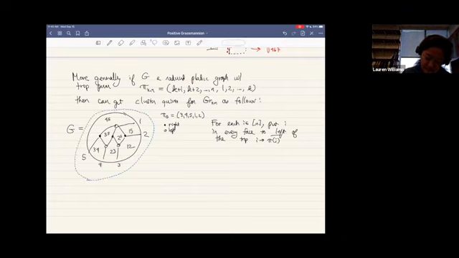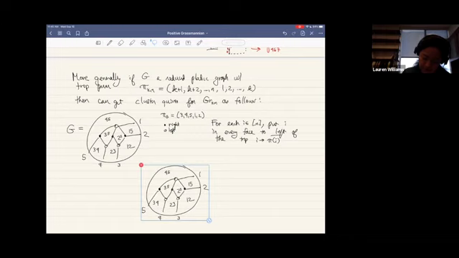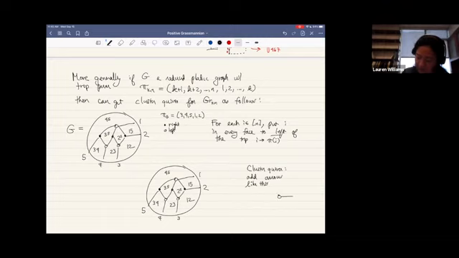And then to write down the cluster quiver, I'm going to add arrows as follows. So if I see a bipartite edge in my plabic graph, I will draw an arrow in the quiver like this.